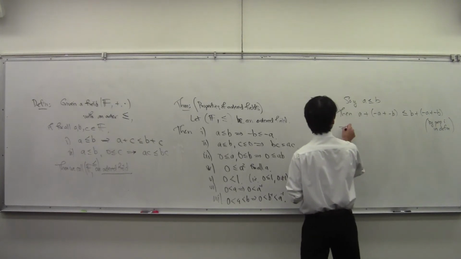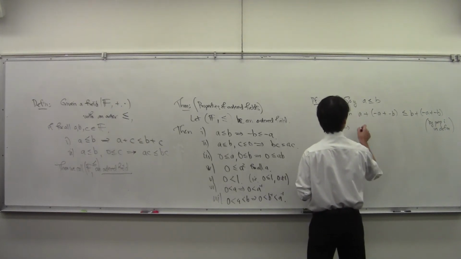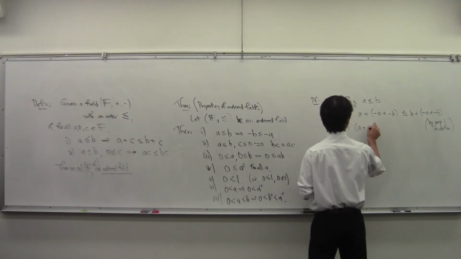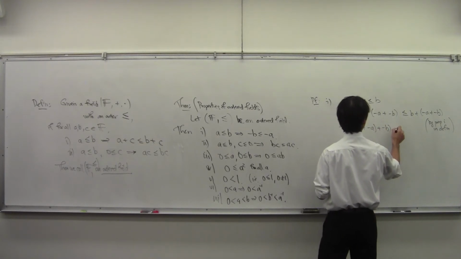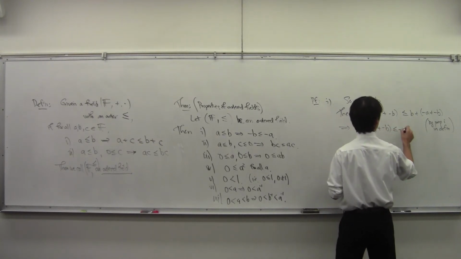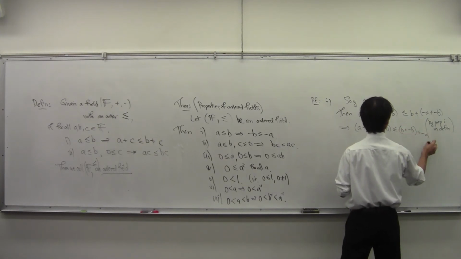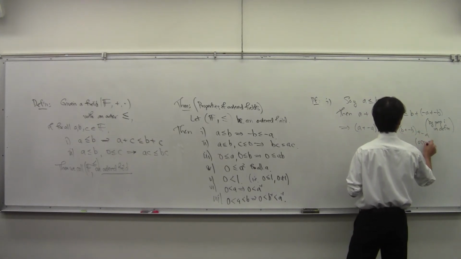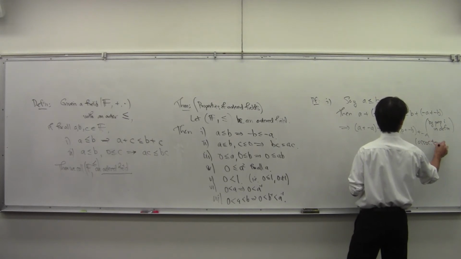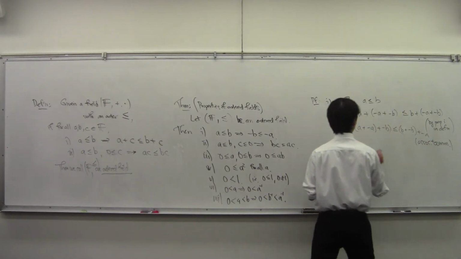Okay, and then you see what's going to happen, right? You use the associative property, and I guess you commute also, so you get B plus negative B plus negative A. So you're using associative and commutative properties.